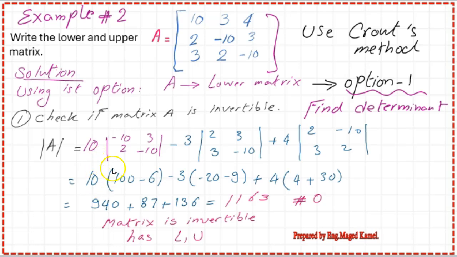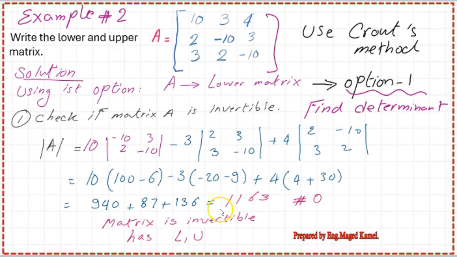We have here 10 multiplied by plus 100 minus 6, minus 3 multiplied by minus 20 minus 9, and plus 4 multiplied by 4 plus 30. 10 by 94 is 940, and we have minus 3 multiplied by minus 29 will give us plus 87, and plus 4 multiplied by 34 will give us 136.